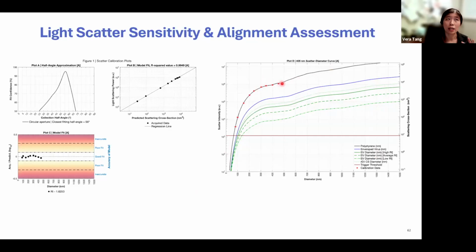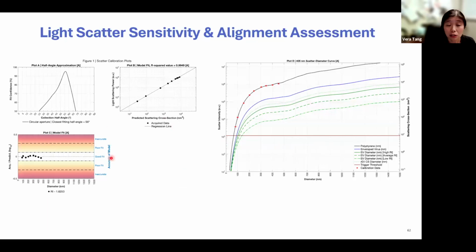So this is the curve and correlation according to the fit of this Mie curve based on those polystyrene beads. You are able to determine the angle of collection from that curve, and because of that, you can then input different refractive indices to predict where your limit of detection is going to be, which is this line, for each of those different materials. This is super useful if you're running a core facility and you have people who ask, hey, can I detect EVs of this size?